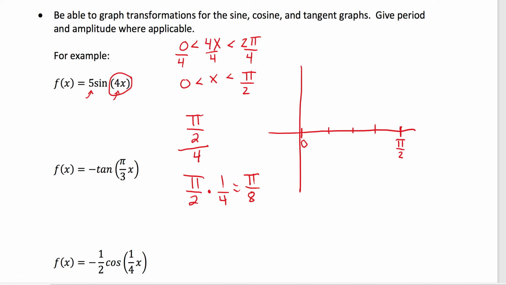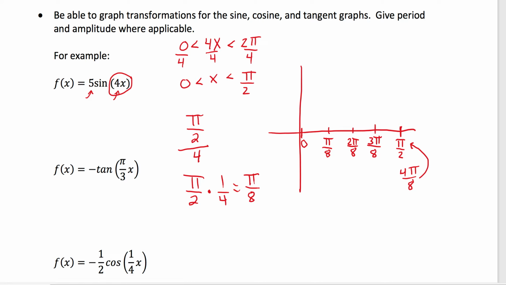And that's going to be our spacing on the tick marks. So we can just count them out. This one is 1 pi over 8. This one's 2 pi over 8. This one's 3 pi over 8. And then the last one, you already have it marked off, but we tend to write it down here just as a check. Make sure that 4 over 8 reduces to 1/2, which it does.